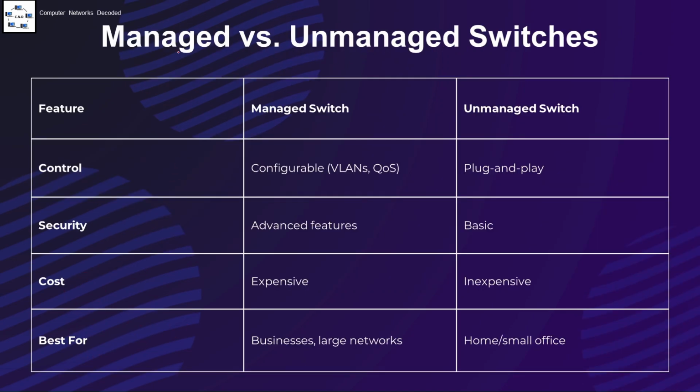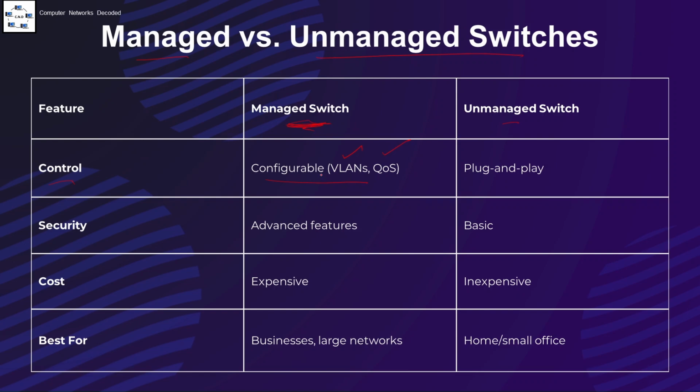So we have two types of switches, managed and unmanaged switches, and this is the comparison table of managed and unmanaged switches. As far as control is concerned, the managed switches are controllable, or you can say configurable. You can configure different features such as VLANs, quality of service inside these managed switches.